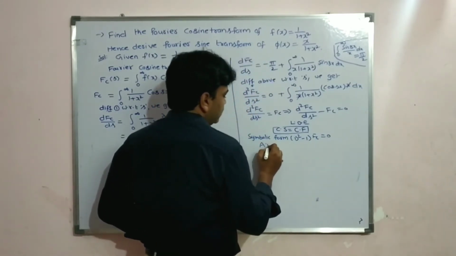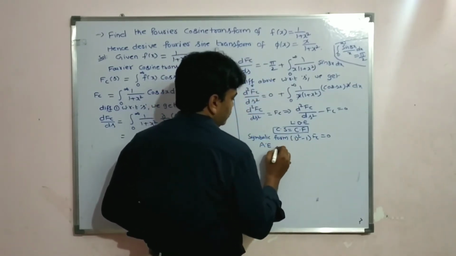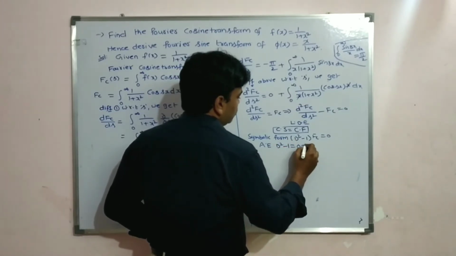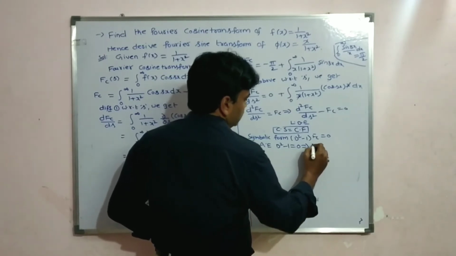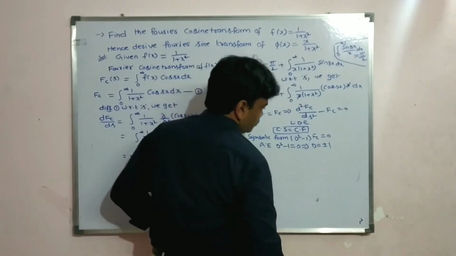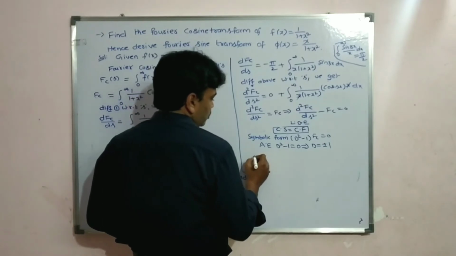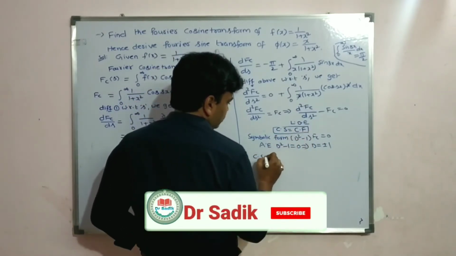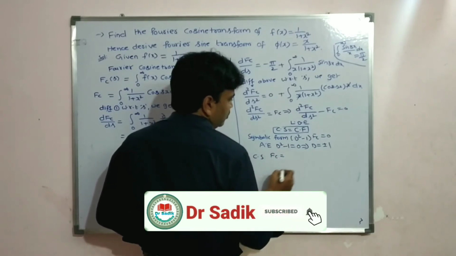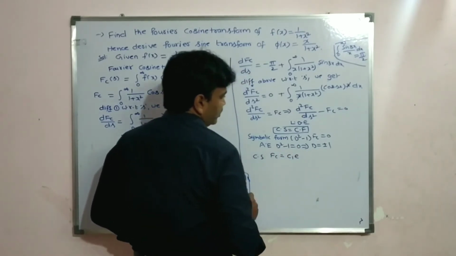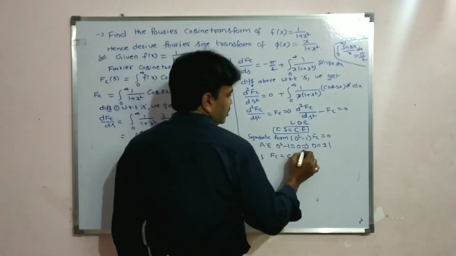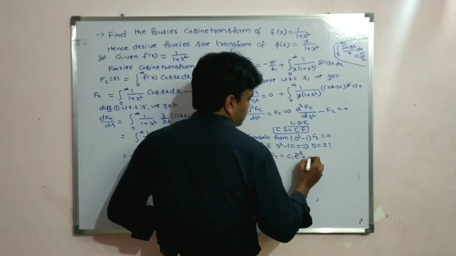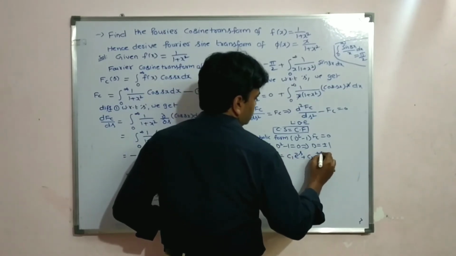Now write the auxiliary equation: D square minus 1 is equal to 0. That implies D is equal to plus or minus 1. So the complete solution is fc equal to c1 e power minus s plus c2 e power plus s, since the independent variable is s.